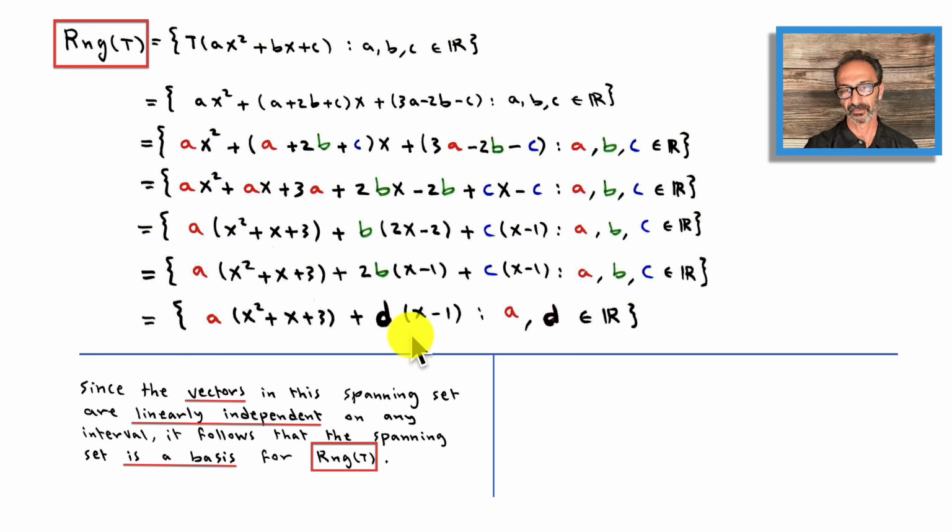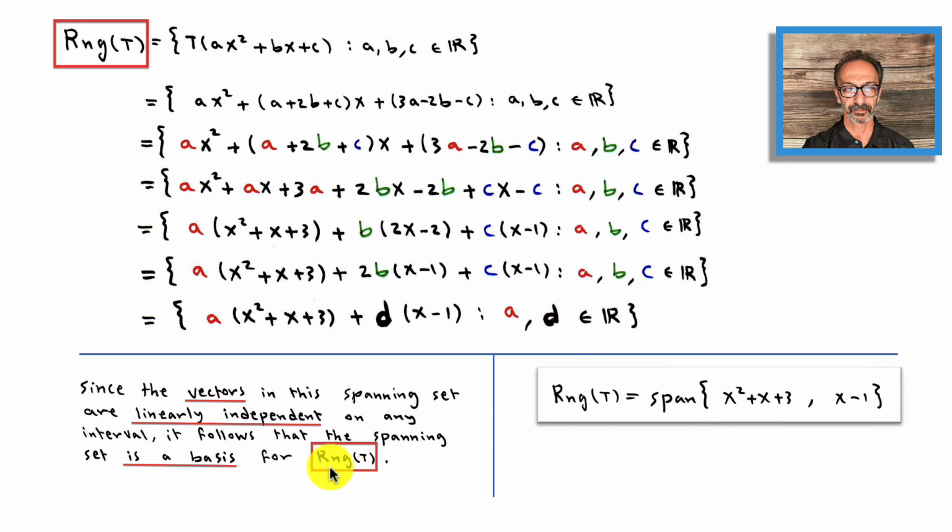Earlier, those two were not linearly independent because if you multiply this by 2, you get this. So, are they linearly independent on any interval? It follows that the spanning set is a basis for the range of T. So the range of T will be the span of these two linearly independent vectors, meaning the dimension is 2.